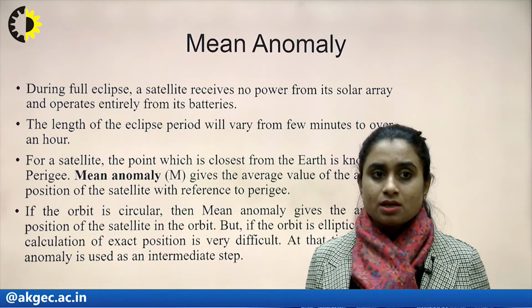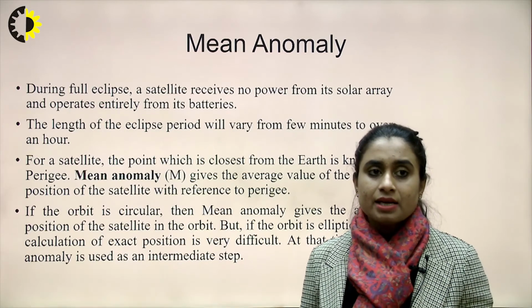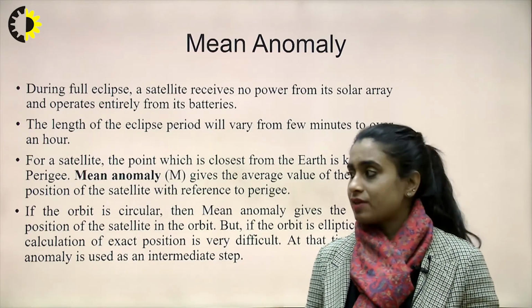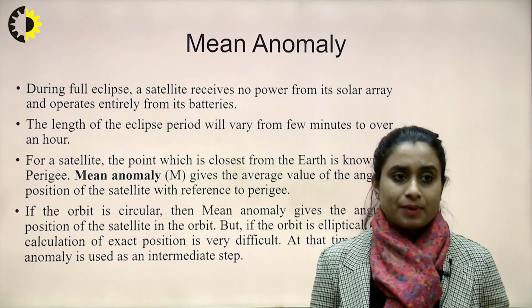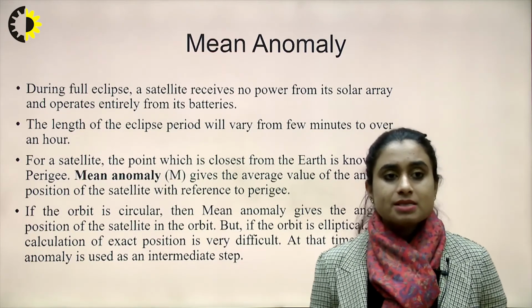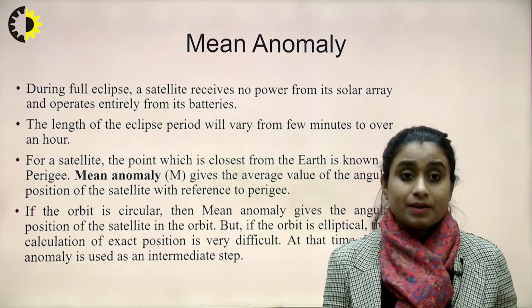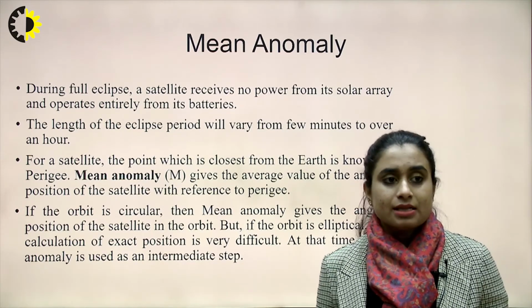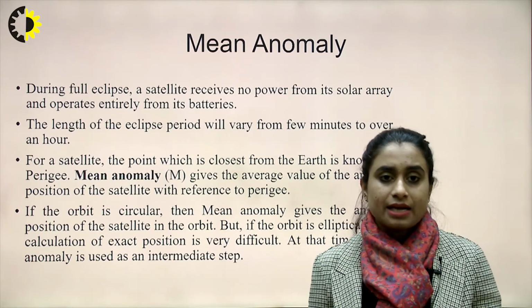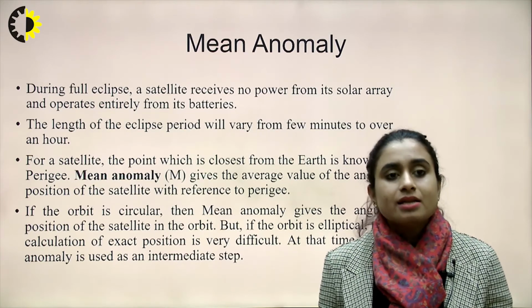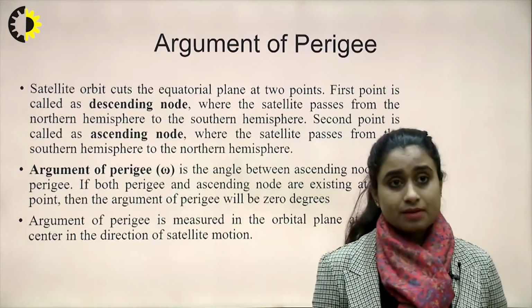So the point which is closest to Earth is perigee, and mean anomaly gives the average value of the angular position of the satellite with reference to perigee. If the orbit is circular, then mean anomaly gives the angular position of the satellite in the orbit. But if the orbit is elliptical, then calculation of the exact position is very difficult. At that time, mean anomaly is used as an intermediate step. So that is the need of using mean anomaly.